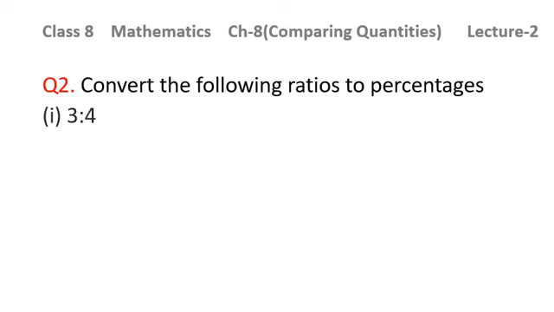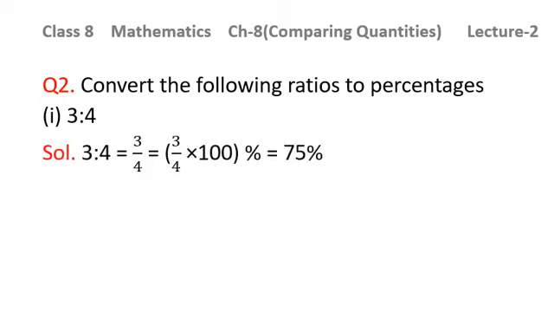Coming to question number 2. Convert the following ratios to percentage. Children, I have explained this topic with the help of an example. So here I have taken only one part of this question. The other part you are supposed to do on your own. The part is 3:4. We need to convert this, that is 3:4, into percentage.